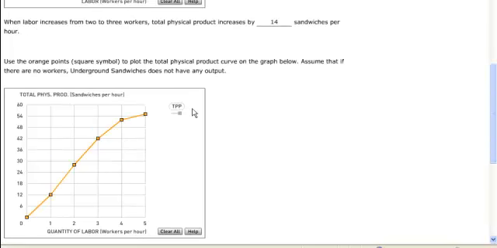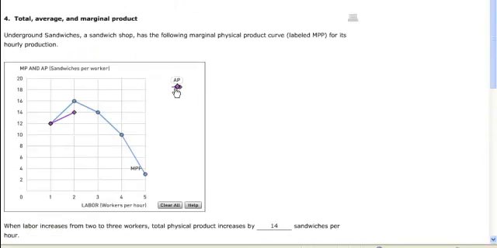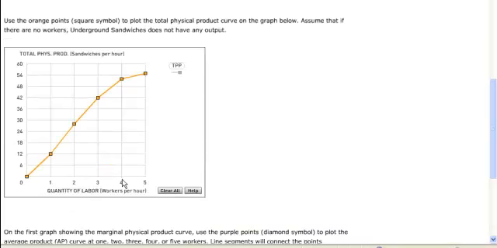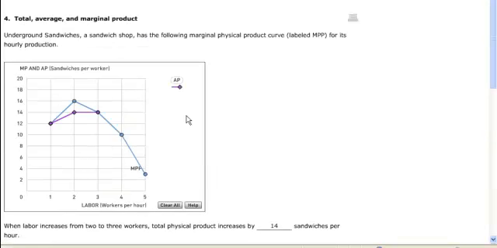At 3, I have a TPP of 42. 42 divided by the number of workers, which is 3, is going to give me 14. So again, coming back up here, (3, 14) is going to be the point that I need to graph. My total physical product when I have 4 workers is 52. 52 divided by the number of workers, which is 4, is going to give me an average physical product of 13.